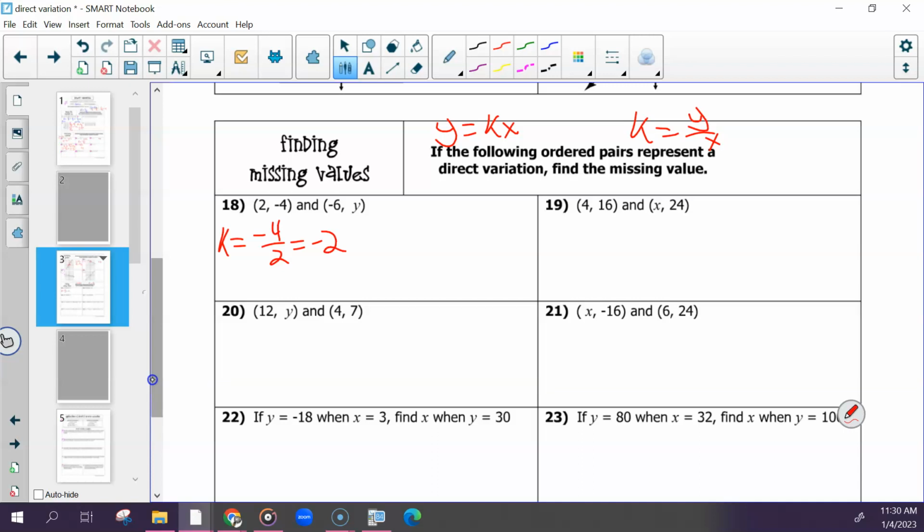After we get that k value, we're going to put it into our direct variation equation. Y equals, our k is -2, and then x. Then you can look at the missing piece and put whatever you have in there. So we have x. Put that in, figure out what your y is.